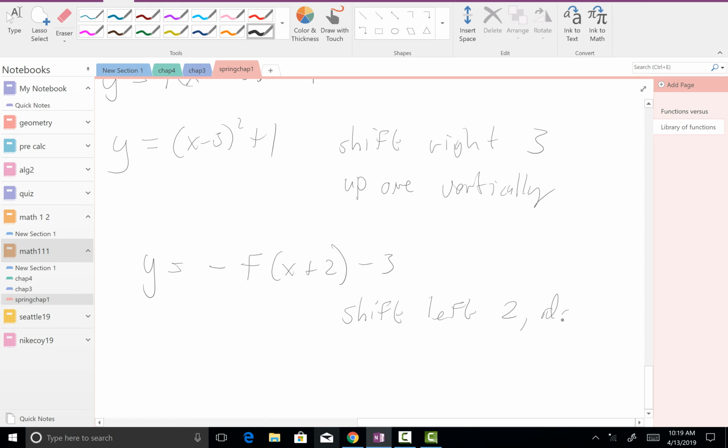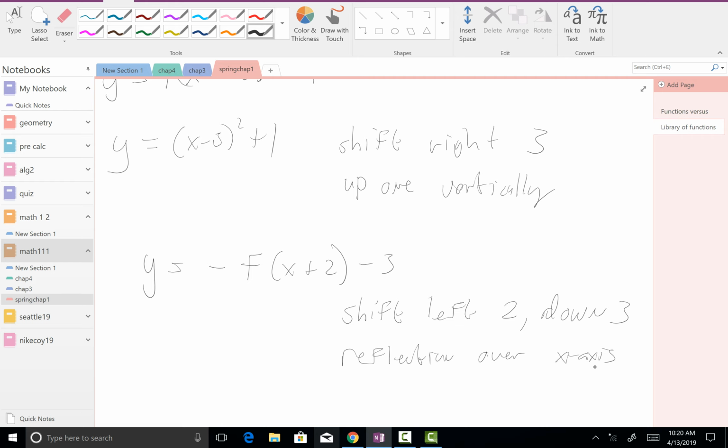Down 3. And then I think this one is wrong, because it's a reflection of the x. Reflection over the x-axis. So we can say we're shifting it left 2, down 3. We're always talking about our reference point being 0, 0, because our normal parabola was at 0, right?